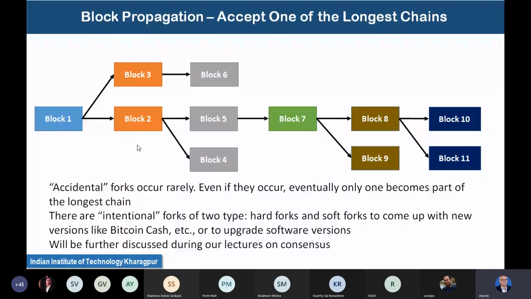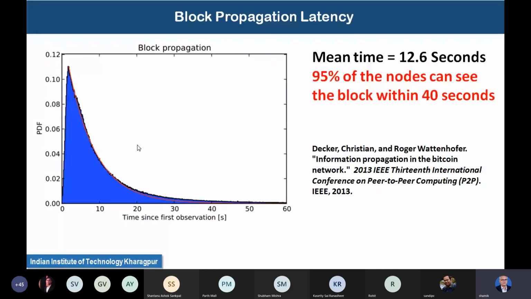They occur very rarely. It is very unlikely that it would happen. This is because it takes about 10 minutes to mine a block, and the latency for block propagation throughout the entire network is very small. The mean time is 12.6 seconds, and 95% of the nodes can see a newly mined block within 40 seconds.